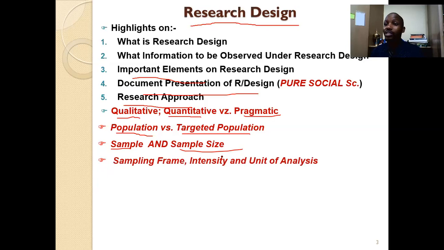We expect to see information related to sampling frame, sampling intensity, and the unit of analysis. We expect to see some information related to sampling techniques, which sampling techniques you as a researcher are going to employ, you are going to adopt in the process of sampling and sample preparation.